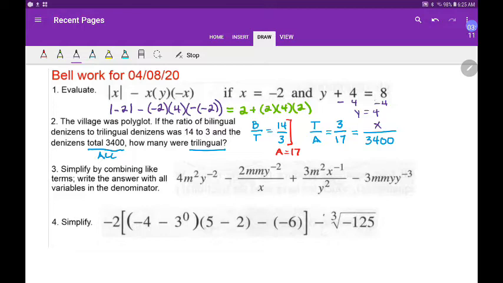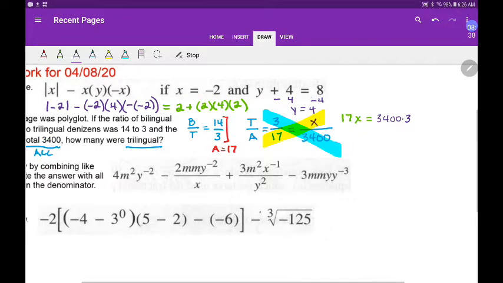And we'll go ahead and maybe I can do it like this. We'll multiply like that, and we'll multiply like that. Okay? So we'll say 17x is equal to 3,400 times 3.